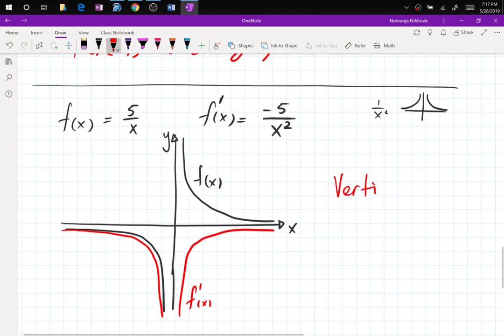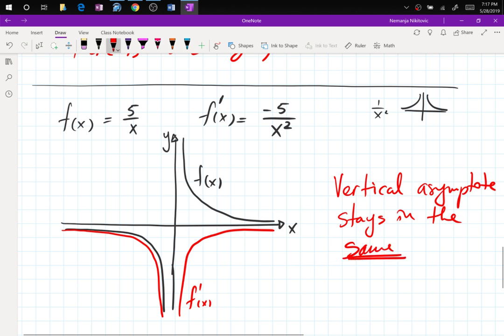So the vertical asymptote stays in the same spot from f of x to f prime of x. There is a vertical asymptote here, which is the y-axis, and we see that it's the same vertical asymptote for both functions.